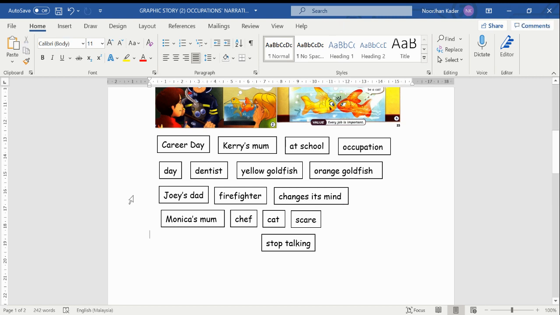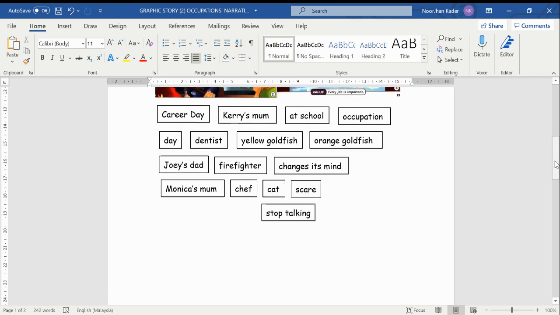Okay, so I have arranged it in a way that you can see from left to right, then after that top to bottom. So you can understand these are the answers, but I just couldn't put the numbers. So I hope you will understand the arrangement of the words.